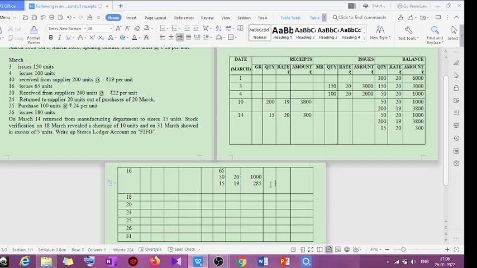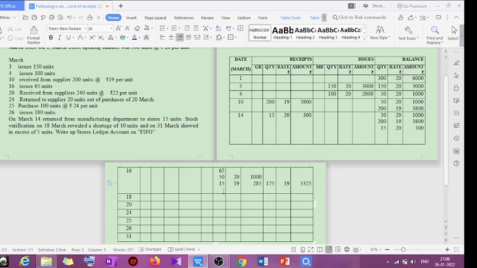So the remaining is 175. Correct. So 175 remains. Rate is 19. So amount will be 3,325. I hope it is clear to you.